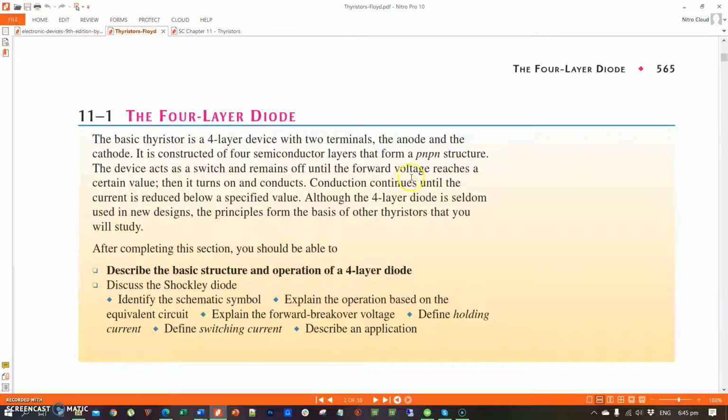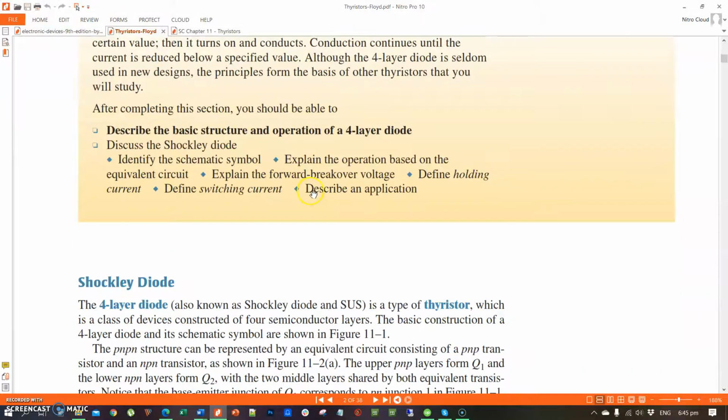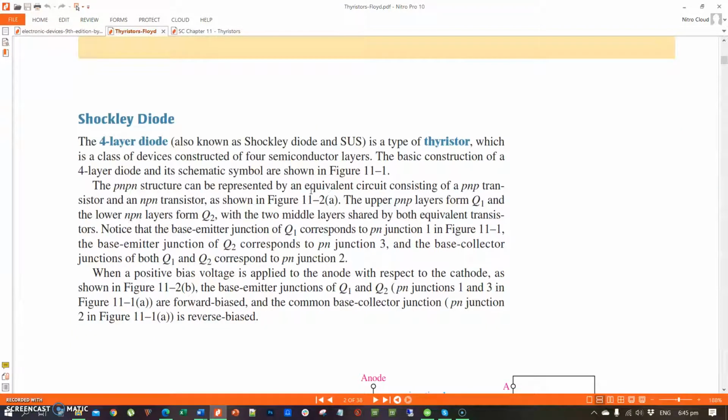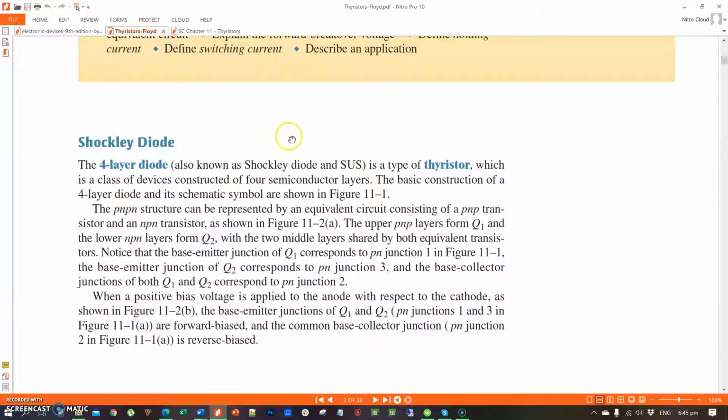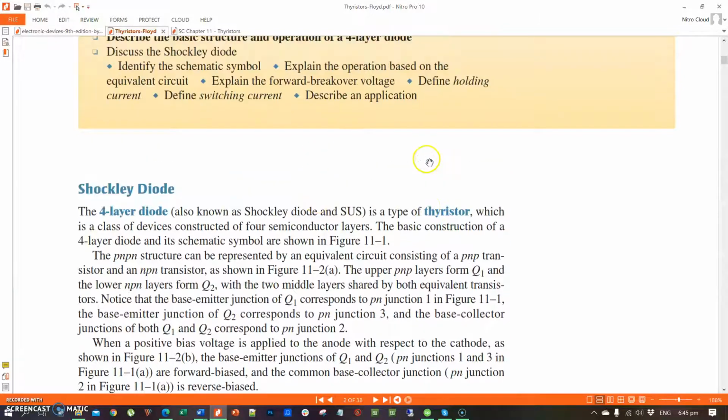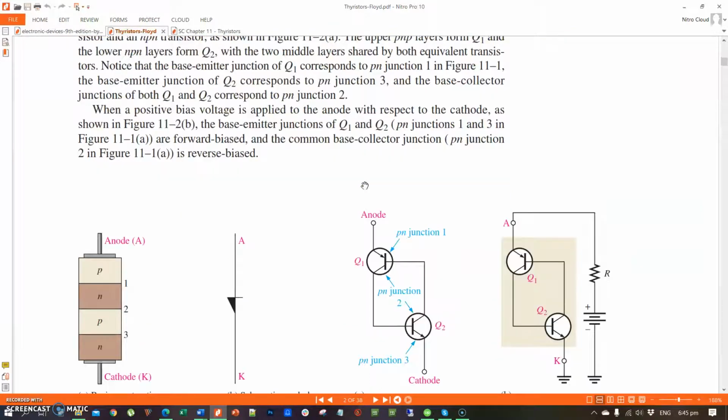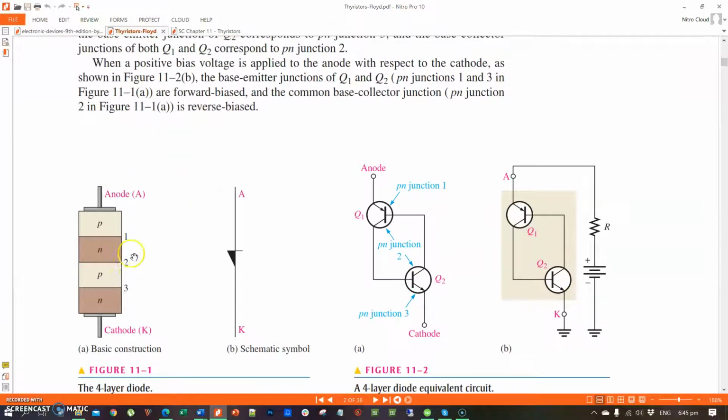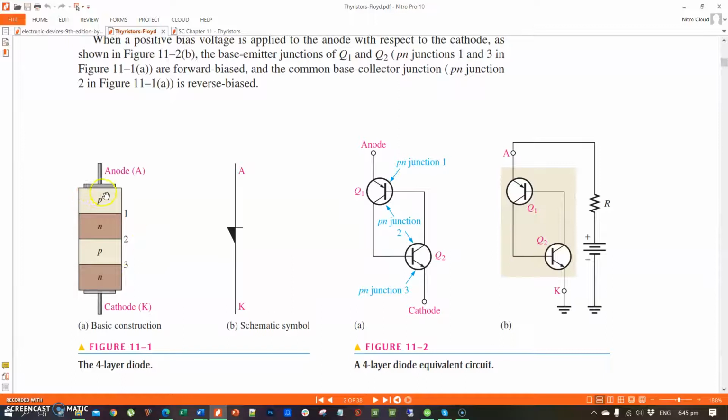What I like about this book is that it presents the topic in details. Here we have the definition of the four-layer diode, also known as Shockley diode or SCS, which is a type of thyristor. The basic construction is four layers: P layer, N layer, P layer, and the fourth N layer.